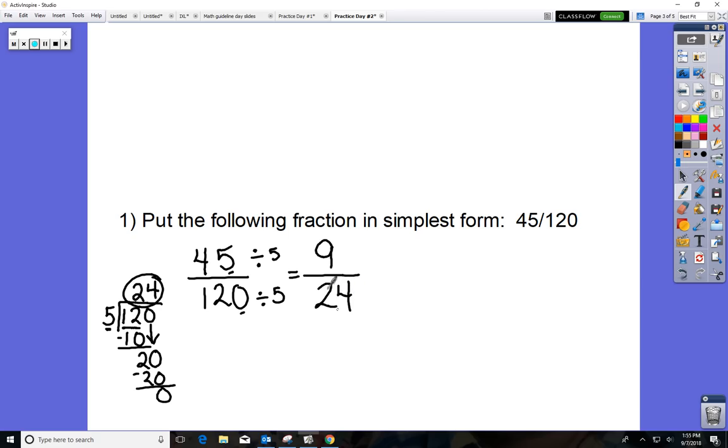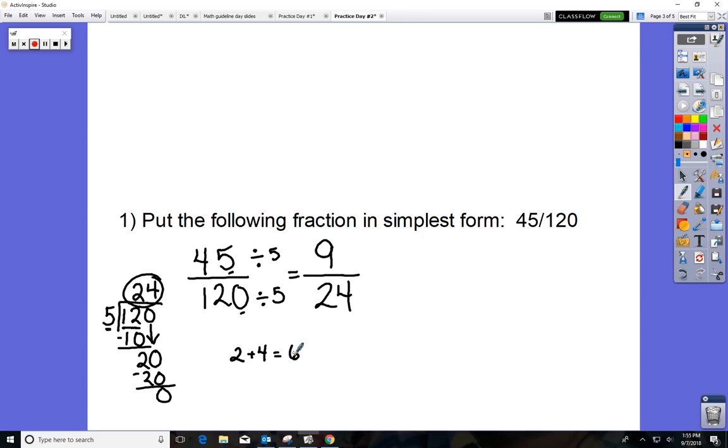One way you can see if a number can be divided by 3 is to take the digits in the number, 2 and 4, and add them together. When I do 2 plus 4, I get 6. This just gives me a smaller number to work with to see if it's divisible by 3.